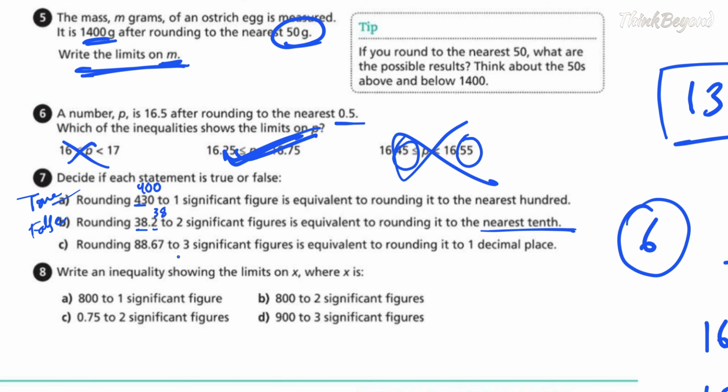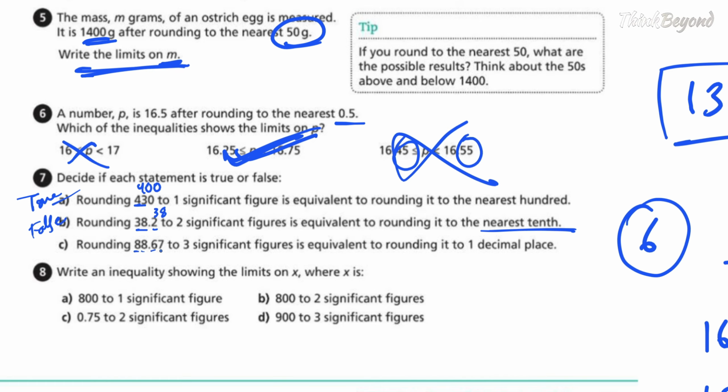Now for question number C. Rounding 88.67 to 3 significant figures is equivalent to rounding it to 1 decimal place. Okay. So the first 3 significant figures are 8, 8 and 6.